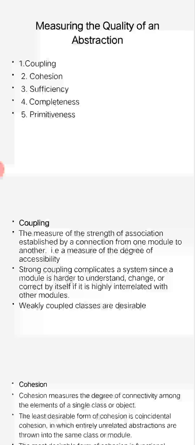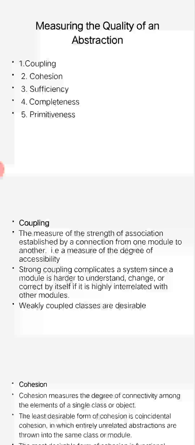If one module is interrelated with another module and the coupling is very strong, then accessibility becomes very difficult, because all are interrelated very strongly. But if you have weak coupling, then there is a possibility to access the module, the classes, or the objects. So with weak coupling, accessibility becomes very easy.